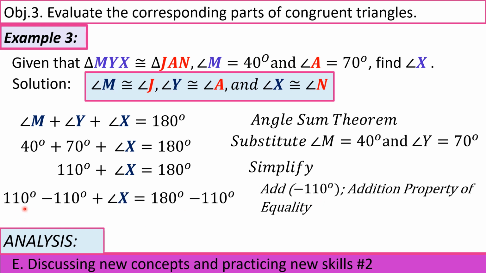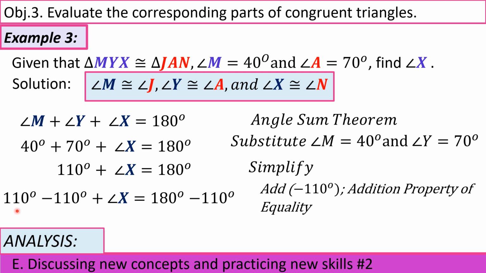So, 110 degrees plus negative 110 or minus 110 degrees plus x is equal to 180 minus 110 degrees. Dapat po, both sides. Pag mag-add tayo dito ng negative 110 degrees, dapat mag-add din tayo sa kabila ng negative 110 degrees. That is addition property of equality.